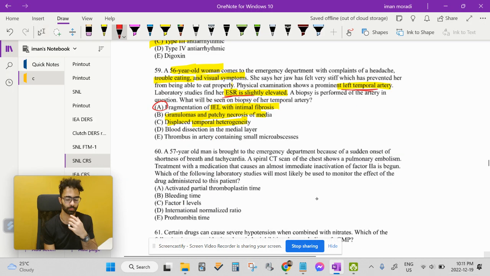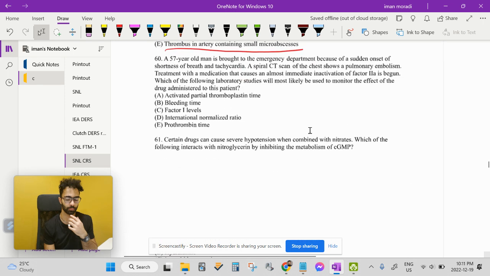E is thrombus in artery, talking about Buerger's disease, thromboangiitis obliterans. That's the one associated with smoking, and it happens in the digits.